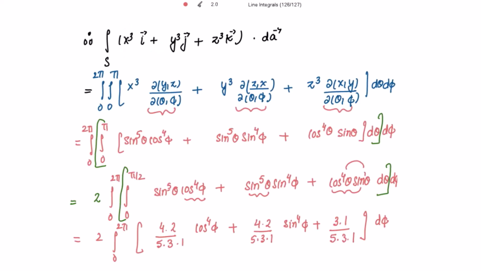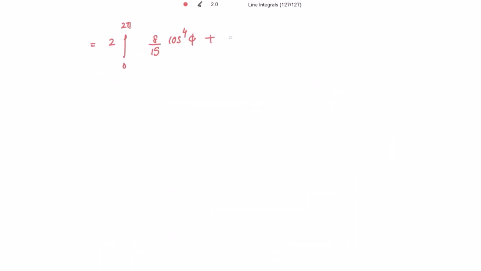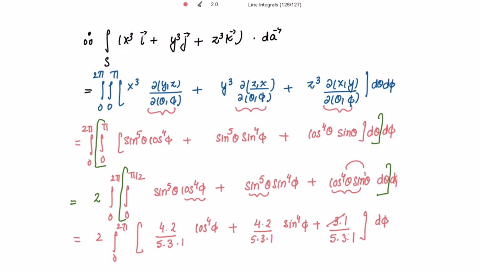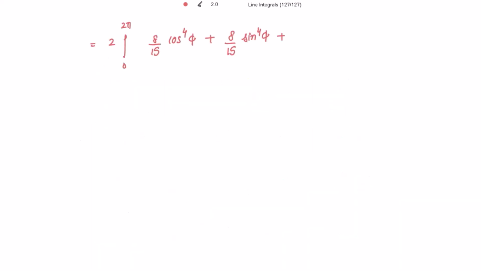So this is equal to twice from 0 to 2 pi, 8 divided by 15 cos the power 4 phi, then again 8 divided by 15 sine the power 4 phi, plus, and then this 3 will go and we get 1 divided by 5, d phi.